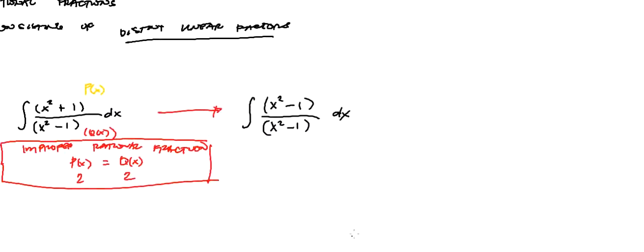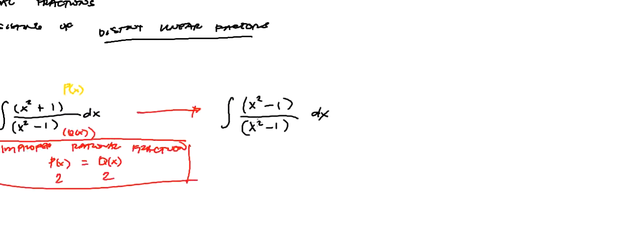But my technique is that I do some modifications using only algebra. You can also do the division if you want, but my technique here is to just do the algebra. Say we have x squared plus 1 all over x squared minus 1. At my denominator we have minus 1, so I want my numerator to have minus 1.